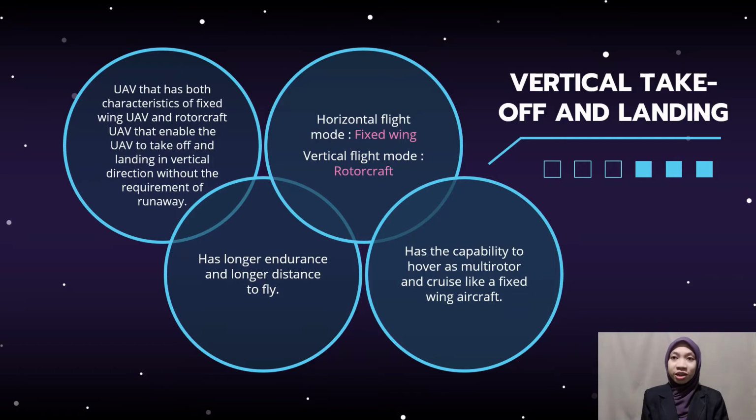During horizontal flight mode, the VTOL UAV will act like a fixed-wing UAV, and during vertical flight mode, the VTOL UAV will act like a rotorcraft. The advantage of VTOL UAV is it has longer endurance and longer flying distance. In addition, it has the capability to hover as a multirotor and cruise like a fixed-wing aircraft.